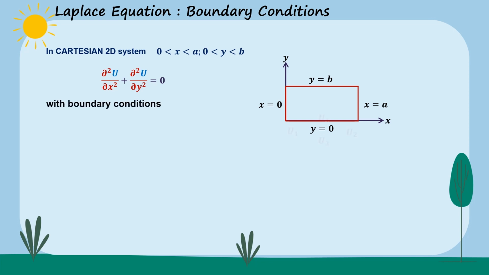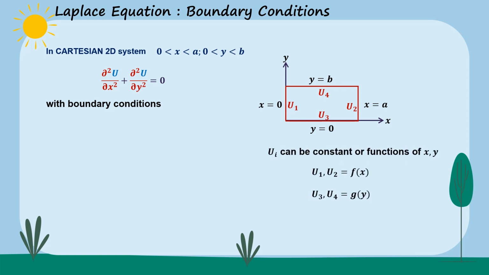We can define u1, u2, u3, u4. These are numerical values, or maybe functions. For u1, u2, the value can be given by a function form or by a constant. It can be u1 equal to 0, or u1 equal to sine x, u4 equal to 0, or u4 maybe sine y.